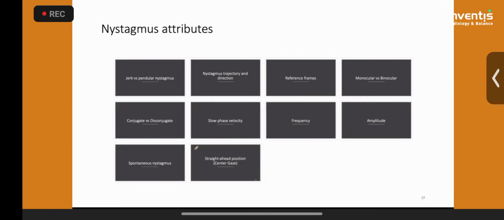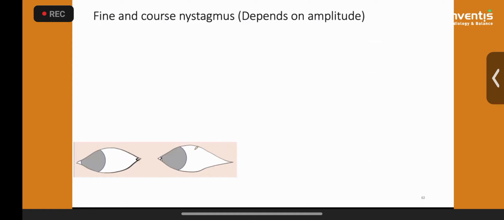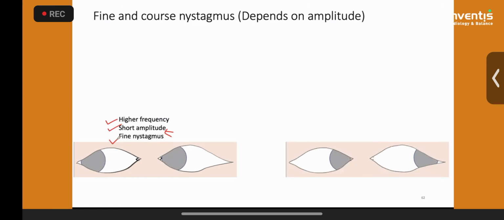Now coming to the amplitude of the nystagmus. Now look at the nystagmus. This is a fine nystagmus, which is higher in frequency, but the amplitude is short. The frequency is high, the amplitude is short, and that's why it is called a fine nystagmus, as opposed to this nystagmus.